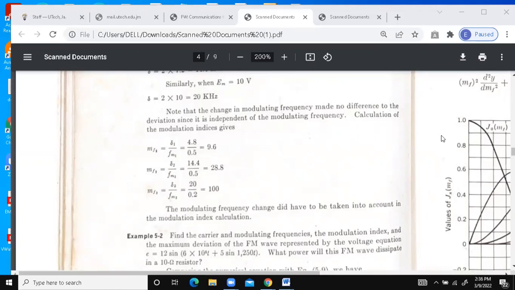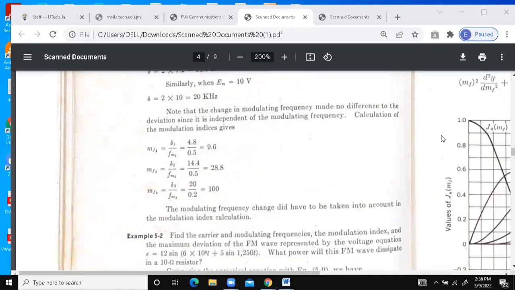and I use omega equals 2 pi f_c to get the carrier frequency and the modulation frequency.